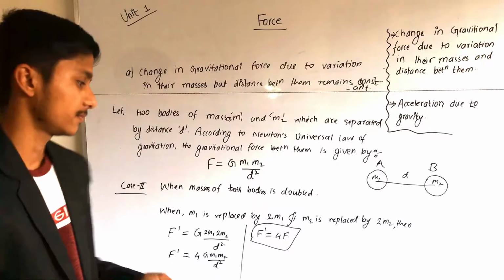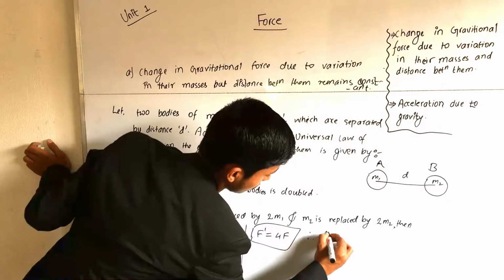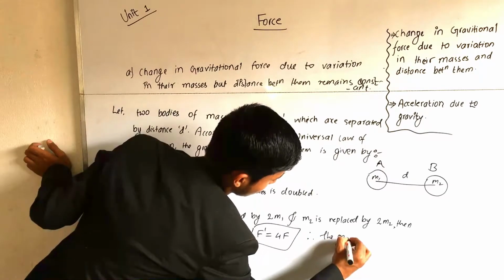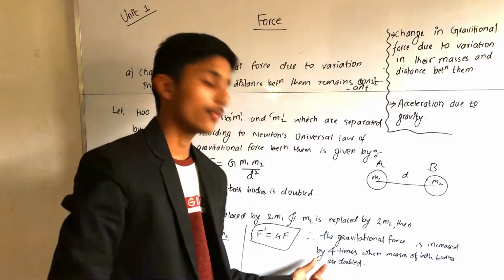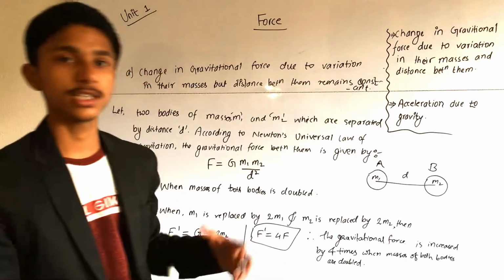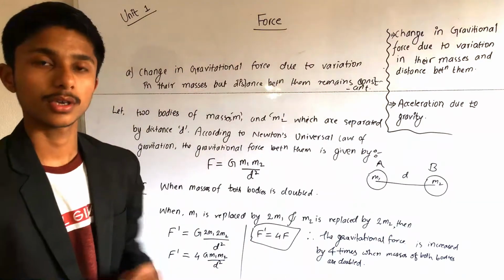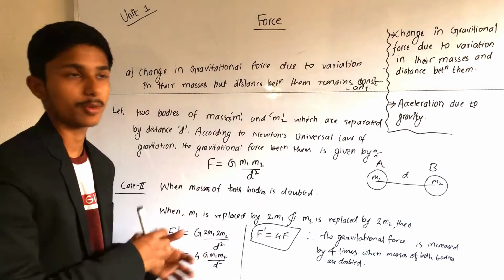Okay, as a result you can write the gravitational force is increased by 4 times when the masses of both bodies are doubled. This is the case of dependence upon masses.